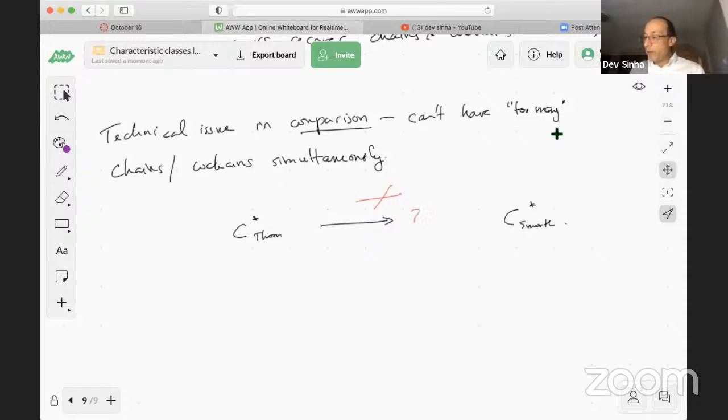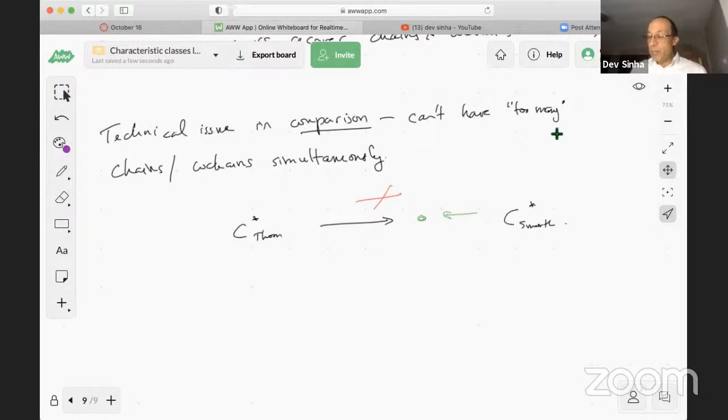So what you often need is some other object in the middle here that helps us compare to both. For example, what you have to do is make one side or the other much smaller. The point is a tome cochain can't evaluate on every smooth chain.